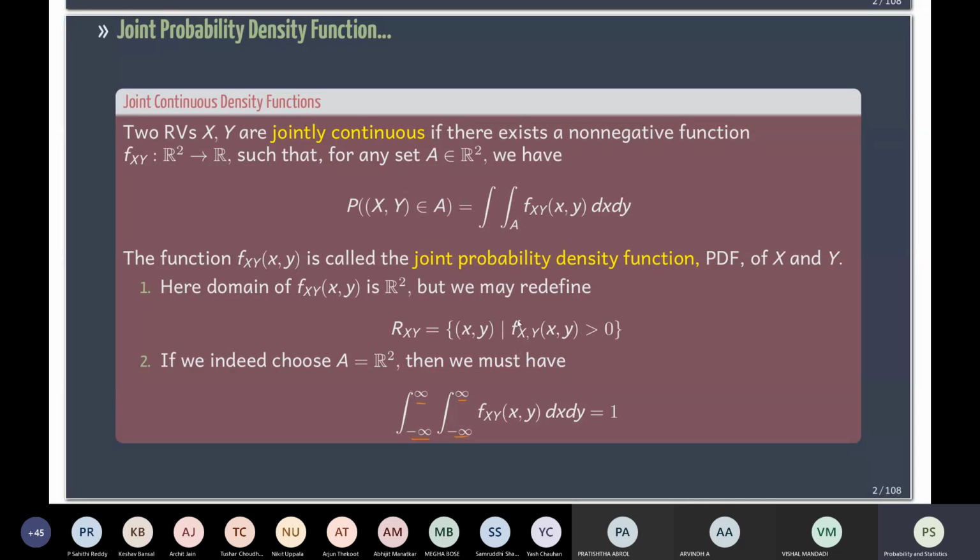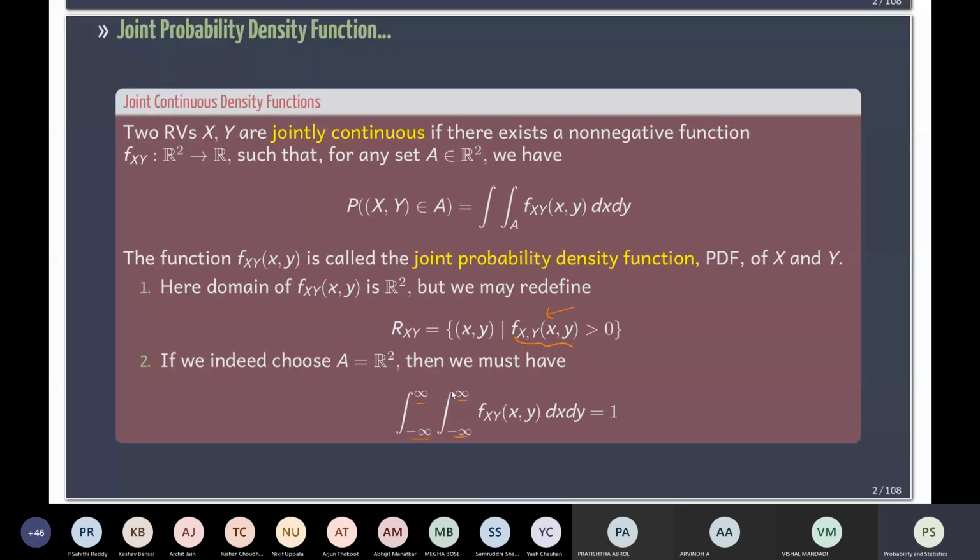This modified range is something we also did in the single variable case, where we only consider the values where the PDF is non-zero, because when calculating probabilities, the places where it takes zero values contribute nothing to the integral.